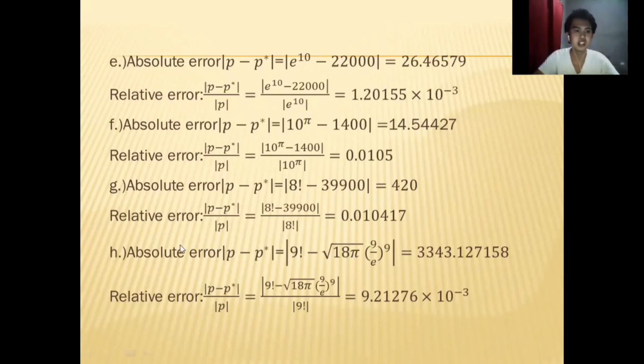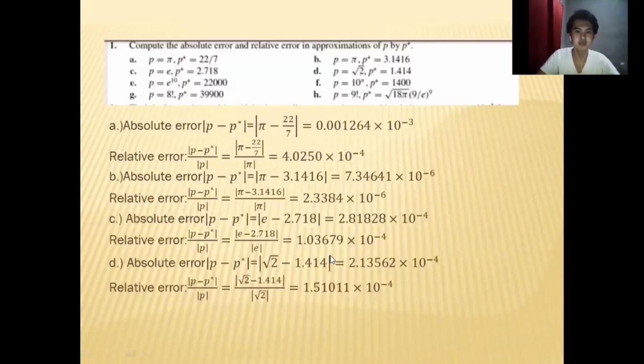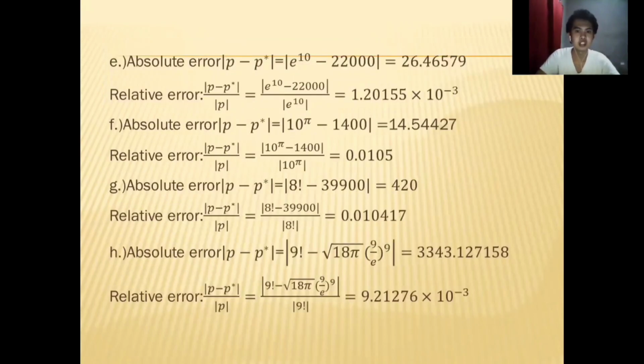And in letter H, the exact value is 9 factorial, and the approximate value is square root of 18 pi times 9 over e raised to 9. So using calculator, we get 3343.127158.